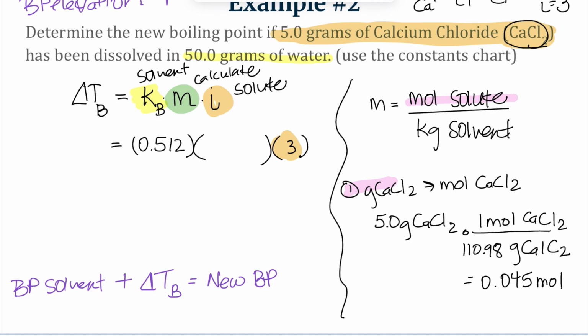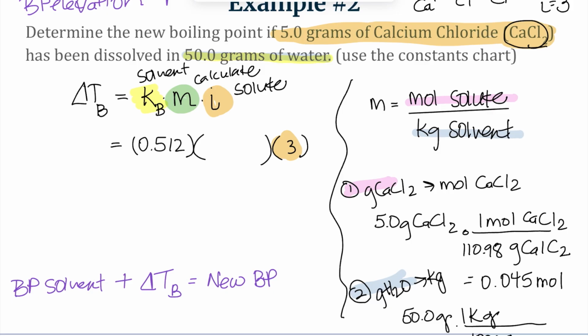I also need to find my kilograms of solvent. My solvent is water, so we're going from grams of water to kilograms. So we've got 50.0 grams. We know that there are 1,000 grams in 1 kilogram.